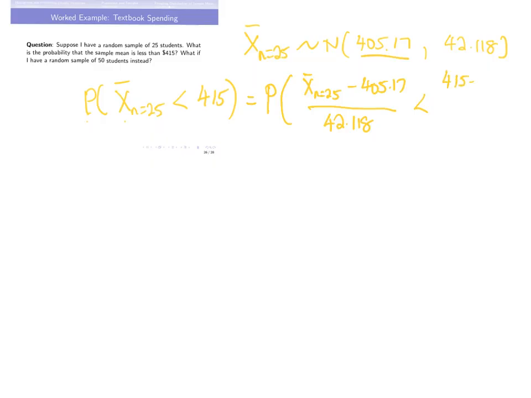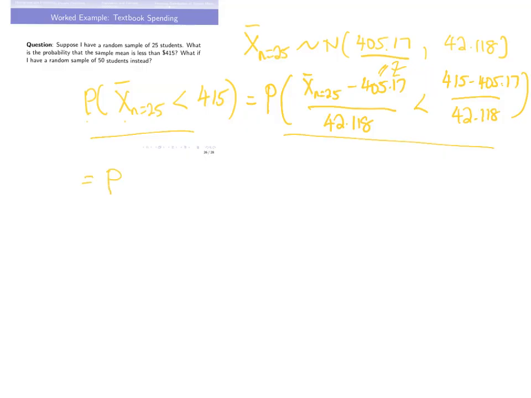So 415 minus 405.17 over 42.118. These two statements are the same because I performed the same operation on both sides of the inequality. Now remember, we said that if we standardize something, it follows a standard normal distribution. So this left-hand side is basically the standard normal distribution.